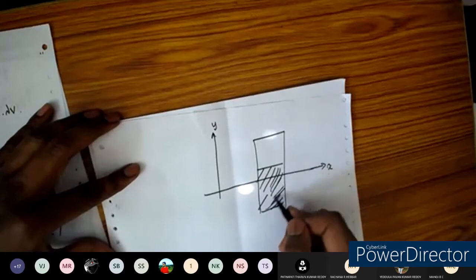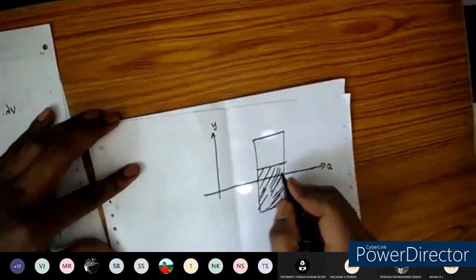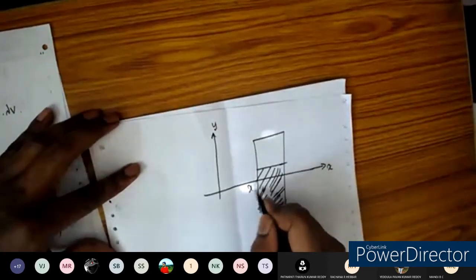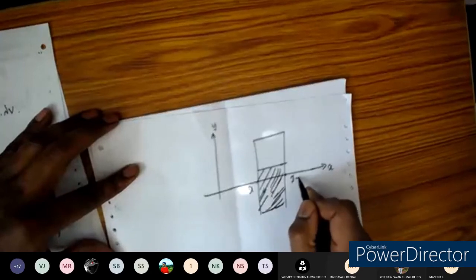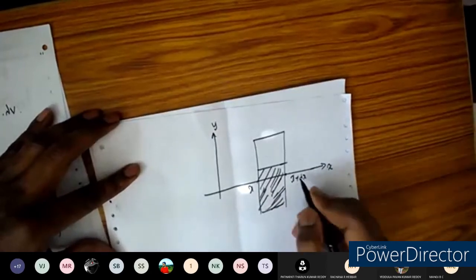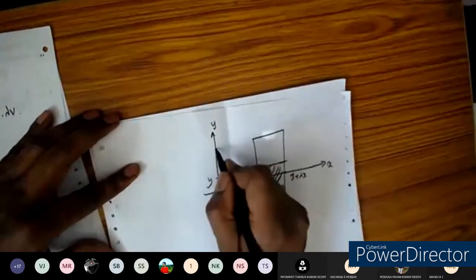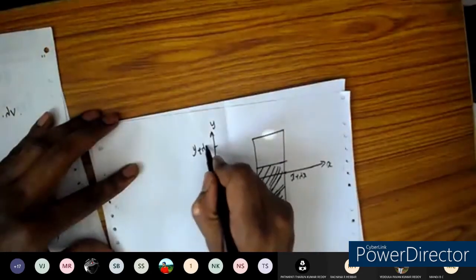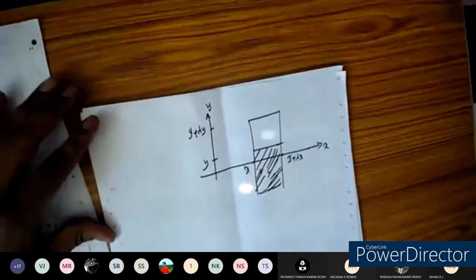Let me plot it here. This is a shaded area. This is x and this is x plus dx, and this is the random variable y, and this is y plus dy.